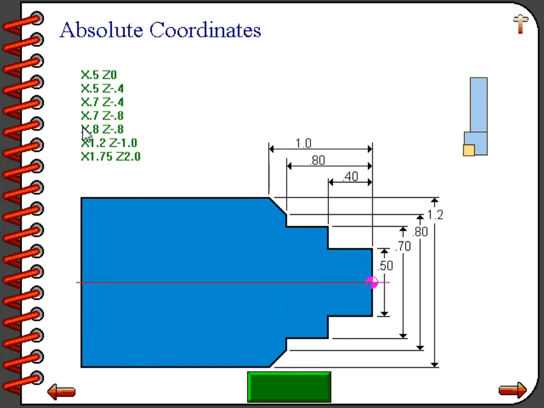The next command keeps it at a 700 thousandths diameter, but moves the tool to the left to a position of 800 thousandths to the left of the finish face. The next command moves the tool up to a diameter of 800 thousandths, but keeps the tool at a position of 800 thousandths to the left of the finish face.